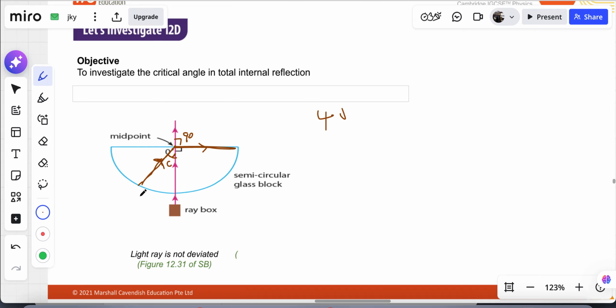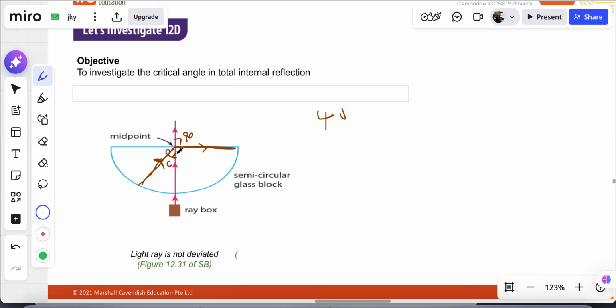You increase it to 30, still most of the ray will be refracted out to the air. Then you get to a certain angle, let's say 40 or 41 or 42, and most of the ray will not be refracted out, neither reflected in. It will be refracted to pass through the boundary, at 90 degrees to the normal.